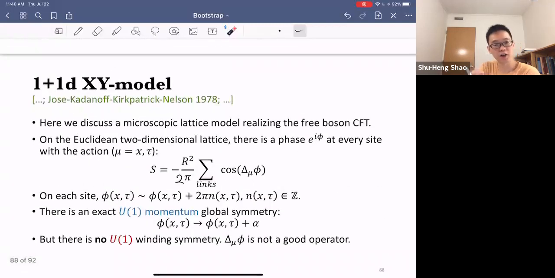It kind of goes the opposite direction of what you were asking, because now I'm putting the CFT as the IR limit, and in the UV, we have this lattice model. In the IR, we have the emergent symmetry and the emergent anomaly. In the UV, we only have one symmetry and there's no anomaly.